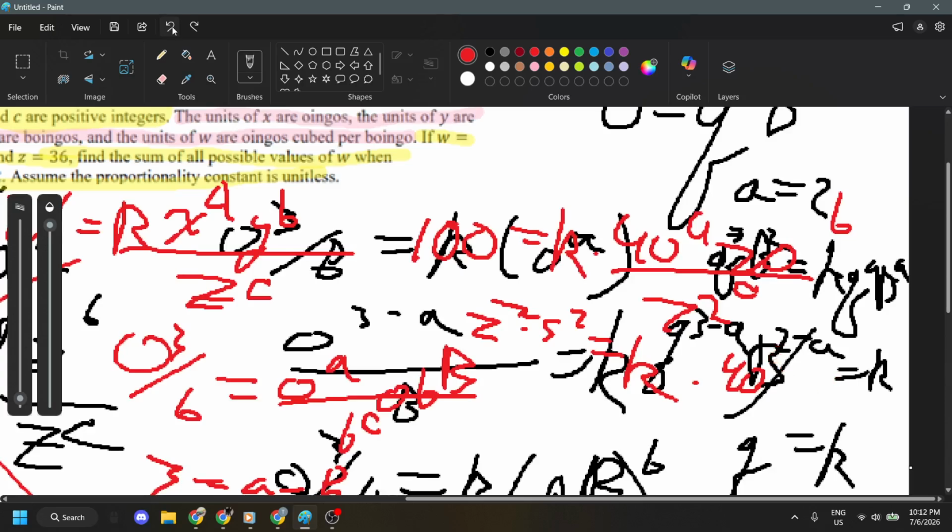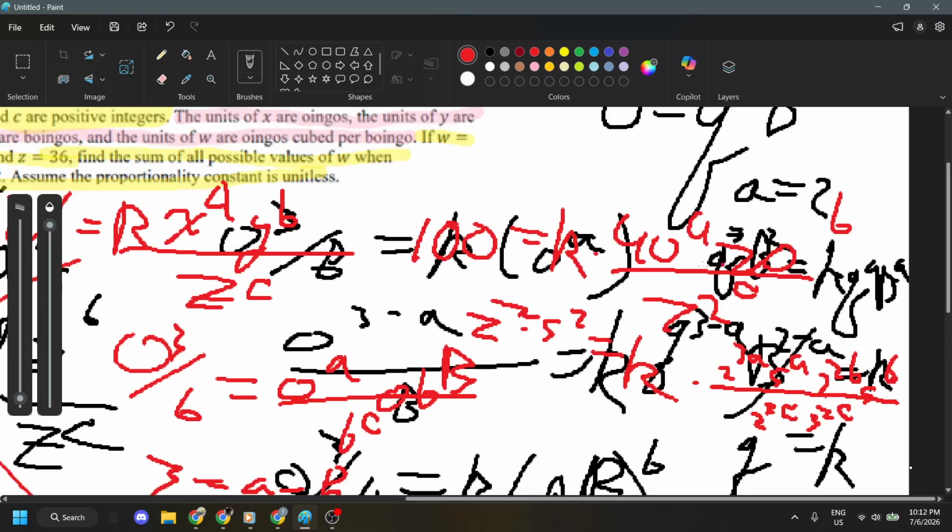Let's take out the factors here, so this is going to be 2 cubed, 2 to the 3a, 5 to the a, and this is going to be 2 to the 2b, 5 to the b, over 72, which is 8 times 9, 2 cubed times 3 squared, so 2 to the 3c, 3 to the 2c.